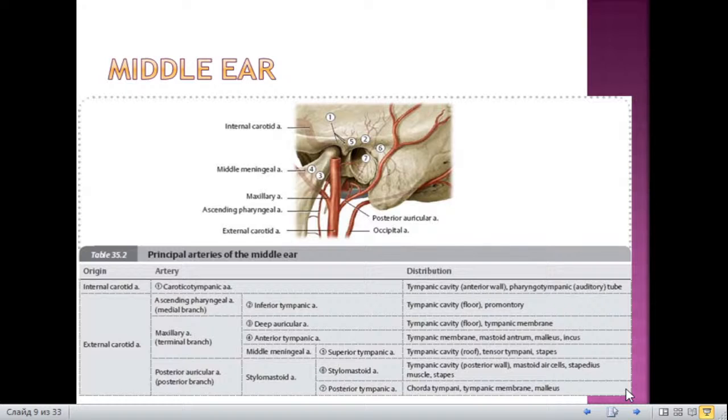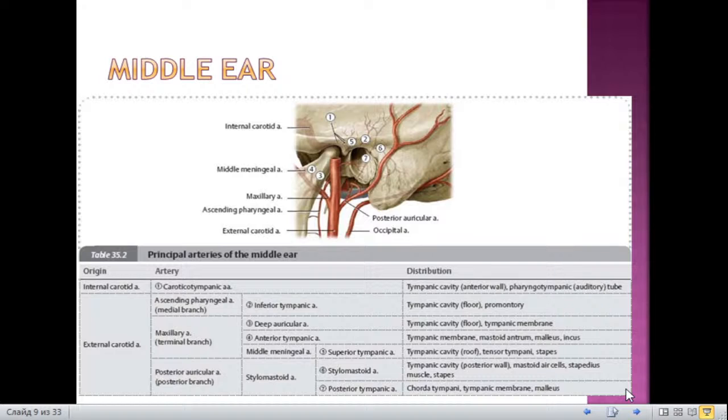And one artery is not shown here, but it exists. It is the labyrinthine arteries. Usually there are 2 or 3. So labyrinthine arteries are branches of the basilar artery, which is related to the system of the subclavian artery.